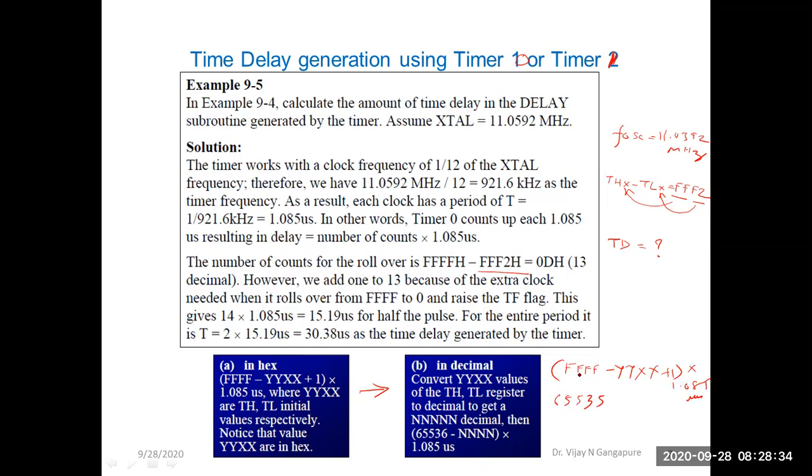If I convert FFFF to decimal, it is 65535, minus the decimal equivalent of YYYY, which I will write as n, plus 1, and the remaining part is the same, 1.085 microsecond. So that is equal to 65535 plus 1 minus n.